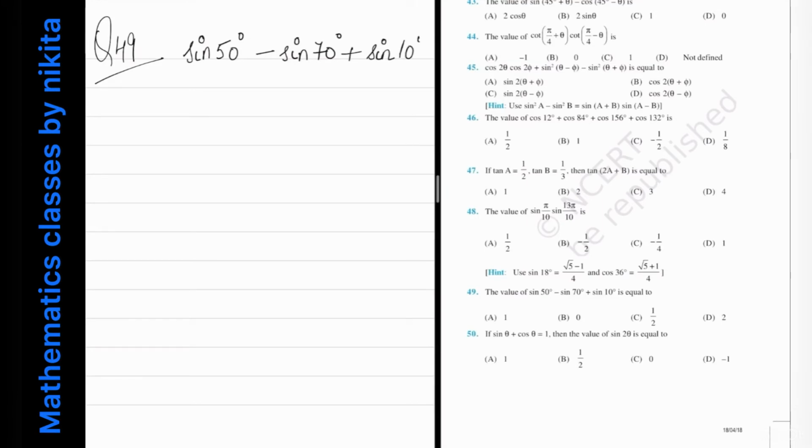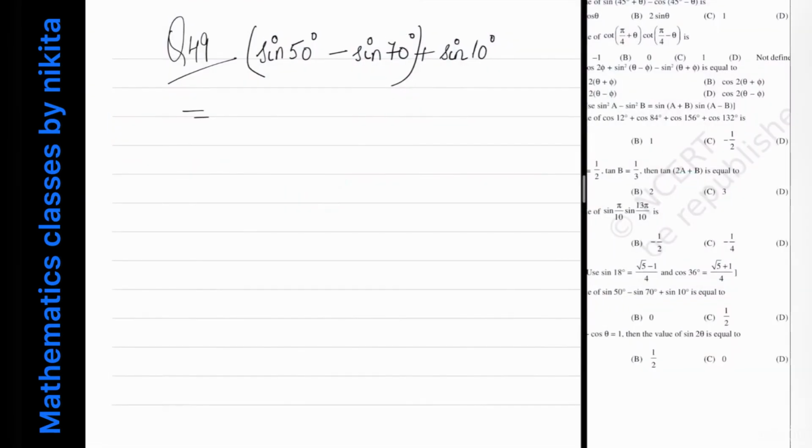So what we will do is we will combine these two terms and we will apply the formula of sine A minus sine B. And I hope you remember the formula. So sine A minus sine B is equal to 2 cos of (A plus B) by 2 into sine of (A minus B) by 2.